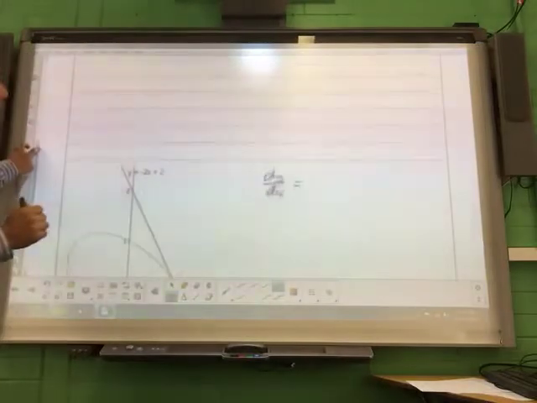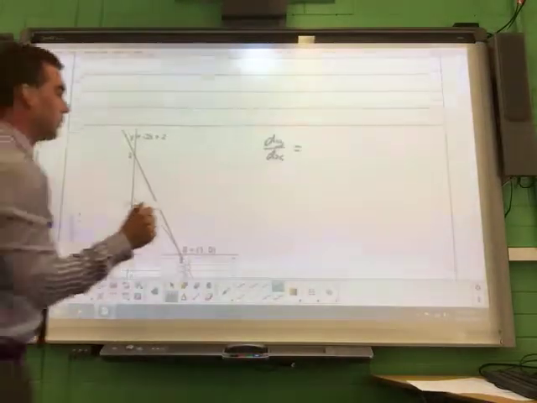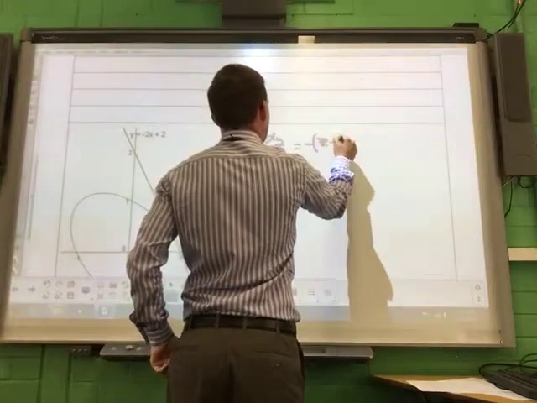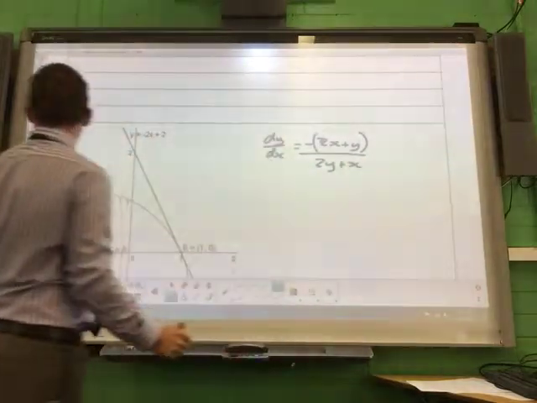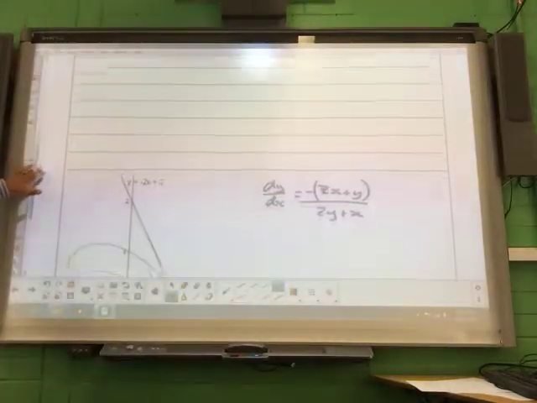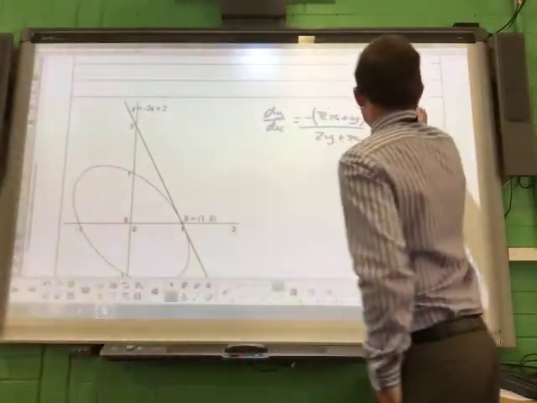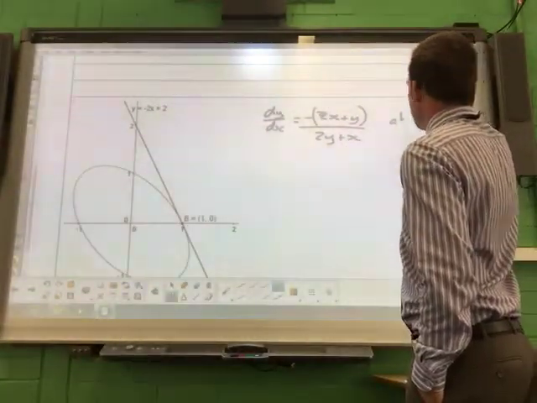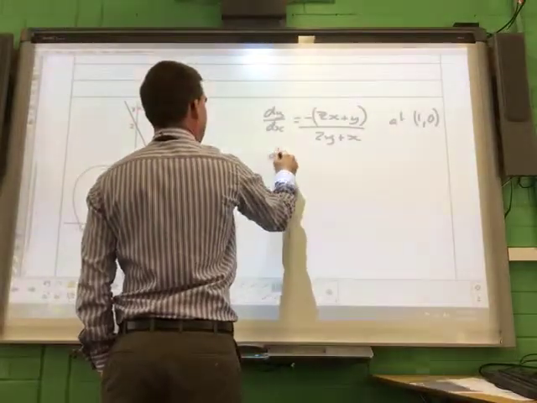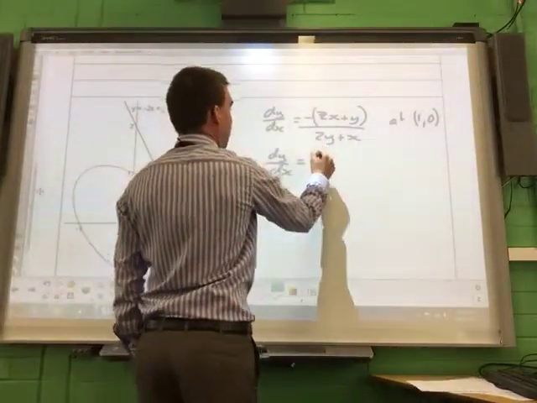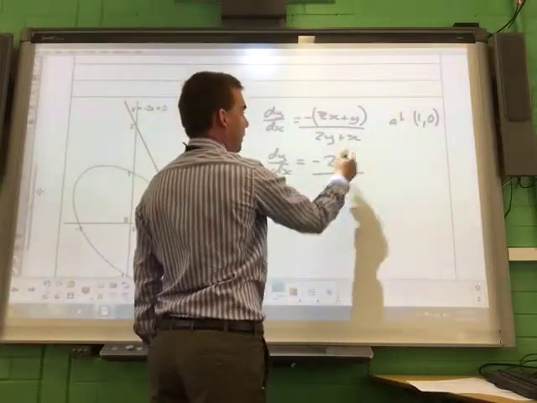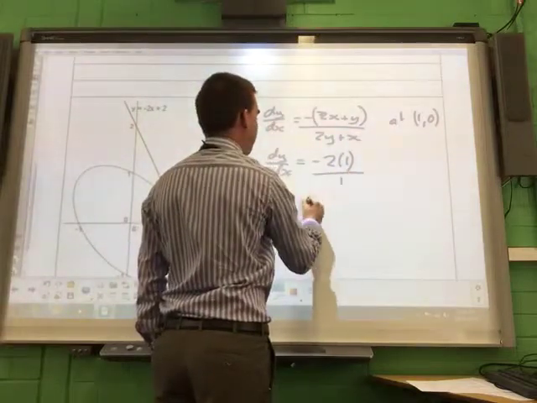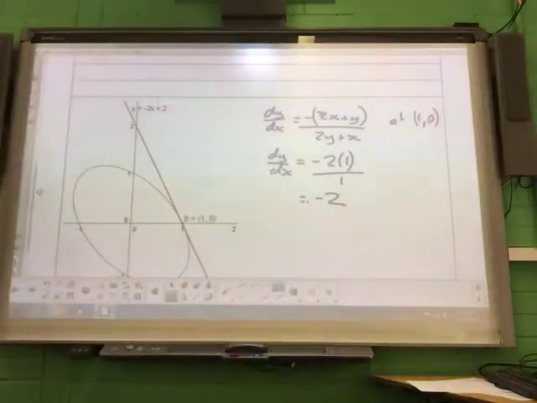So dy/dx, at 1, 0, dy/dx is going to be negative 2 lots of 1 plus 0 over nothing plus 1, which is negative 2. Okay, and that's the slope of the tangent at that point.